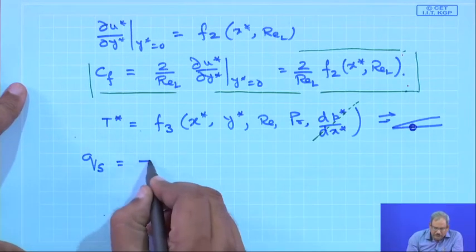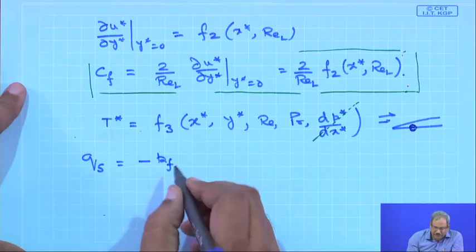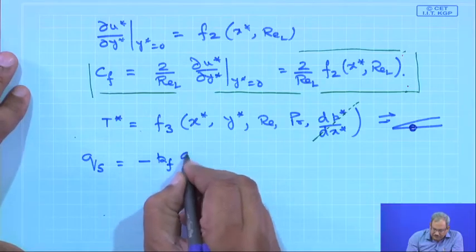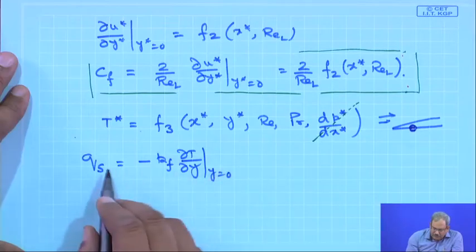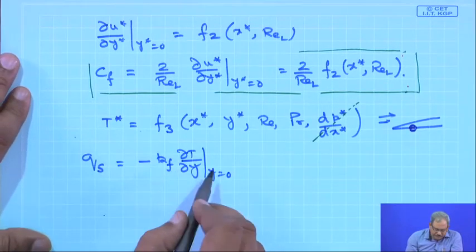So, the surface heat flux is k, the thermal conductivity of the fluid, times ∂T/∂y at y = 0.